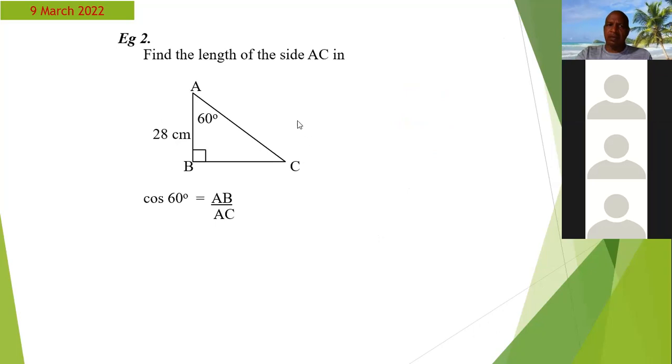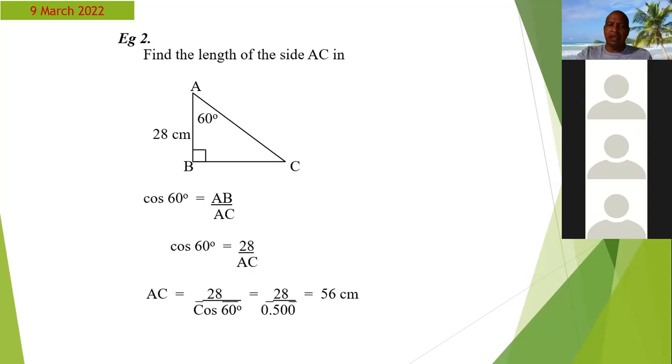All right, so going through the question once again. We see we have cos 60 equal to the side AB over AC. And then we know that AB is 28, so we have cos 60 equal to 28 over AC.